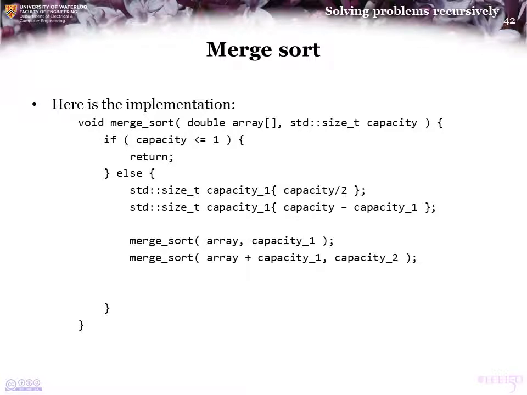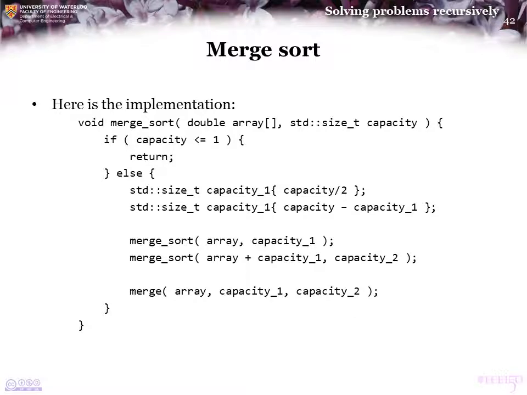We will then call merge sort first on the first half and then call merge sort on the second half. Assuming that these work, following this, both the first and second halves of the array should be sorted. At this point, all we have to do is call merge on that array with those two given capacities.